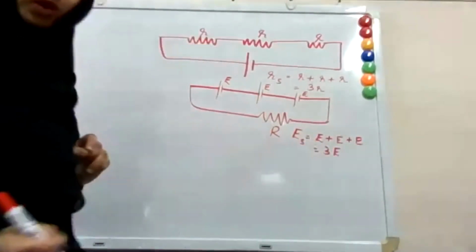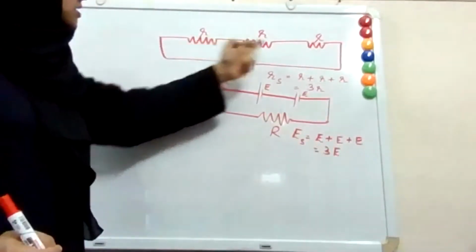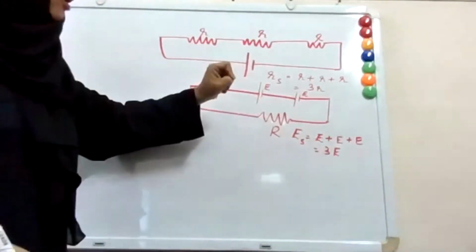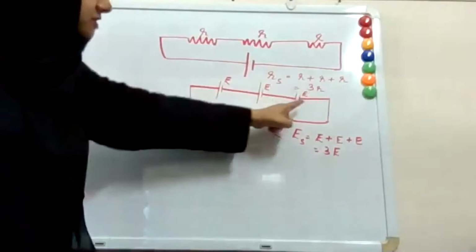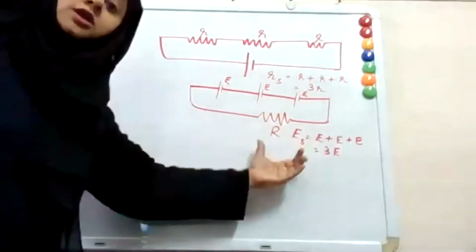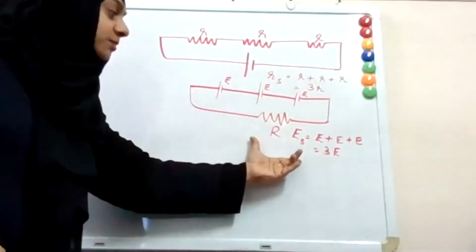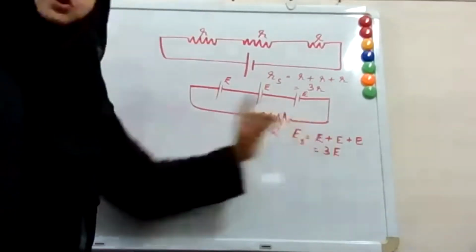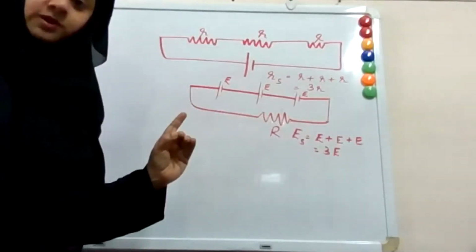Okay, so if resistances are connected in series, you have already learned this way of adding them. Similarly, if cells are connected in series, you can add them up and the total EMF provided by the circuit will be 3 times the EMF due to one single cell.